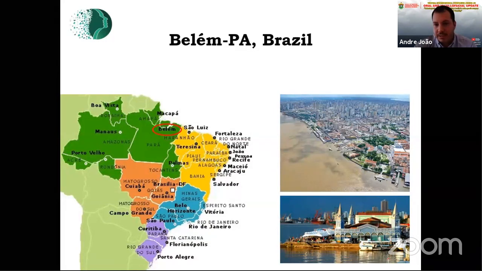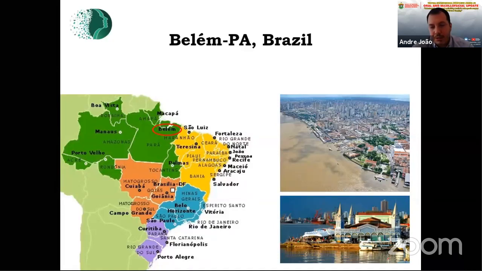Yeah, so that's the setting. There are some characteristics of this region that I'm going to explain a little bit later, but this is the poorest region of Brazil, less developed. All the statistics in this region in terms of quality of life are lower than any other region in Brazil.